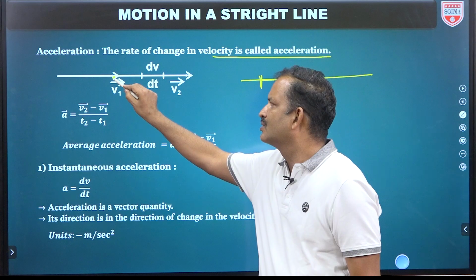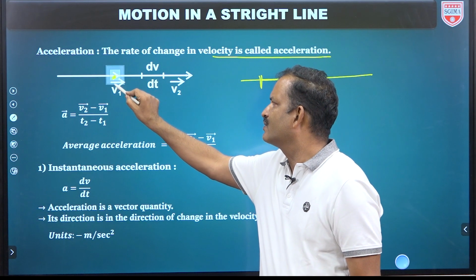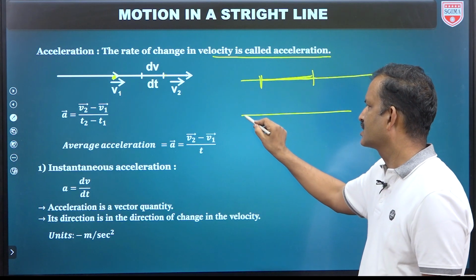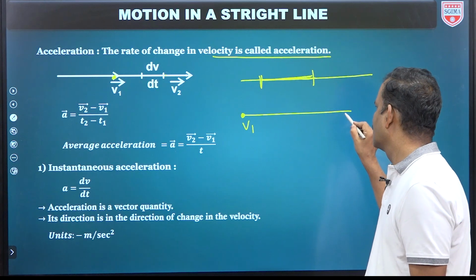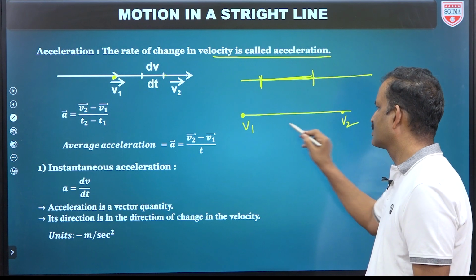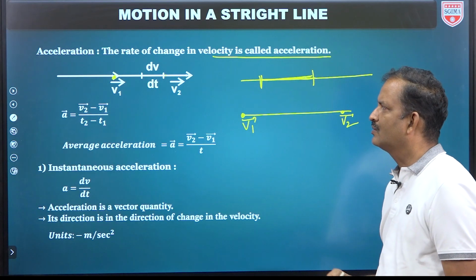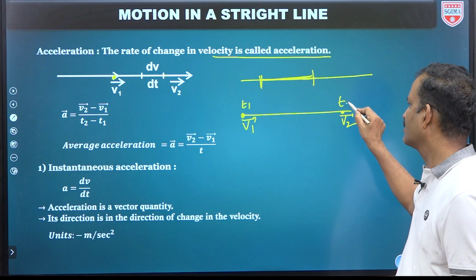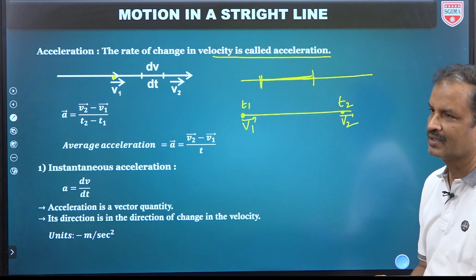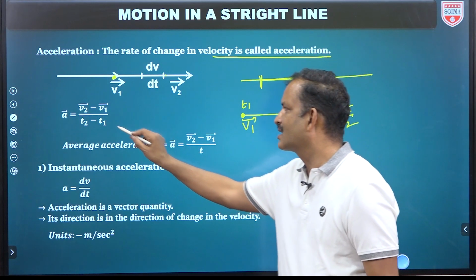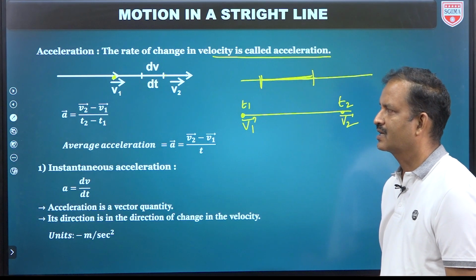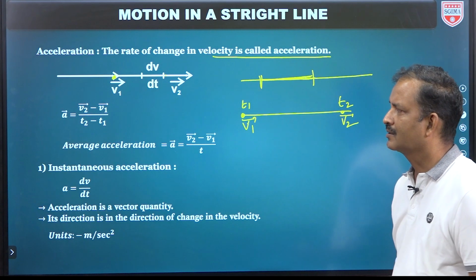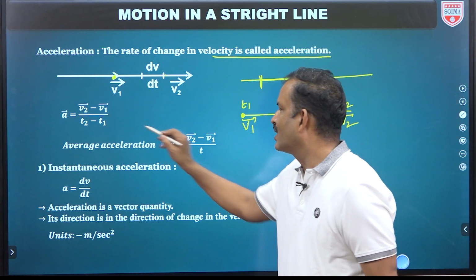So, acceleration means, suppose it started at this point with speed v1 and ends at this point with speed v2. At time t1 it started, and at time t2 the motion ended. Then average acceleration means v2 bar minus v1 bar by t2 minus t1.